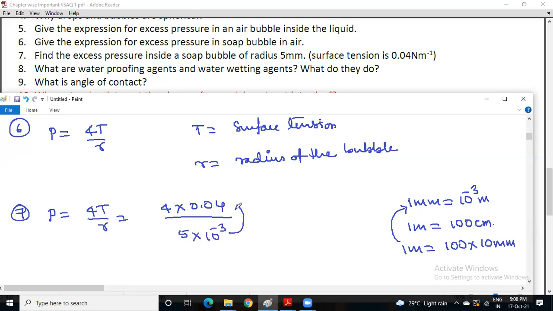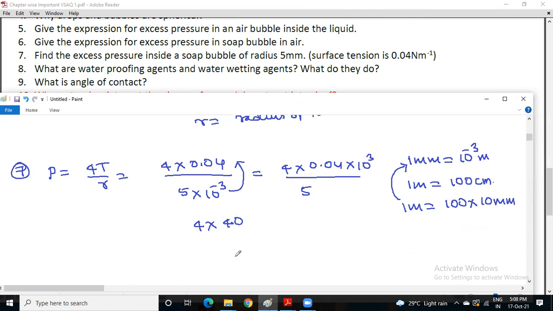So 4 into 0.04 into 10 cube divided by 5. In another step, 4 into 0.04 multiplied with 1000 by 5, it will be 8 times 4. So the answer will be 32 Pascal because Pascal is the SI unit of pressure.